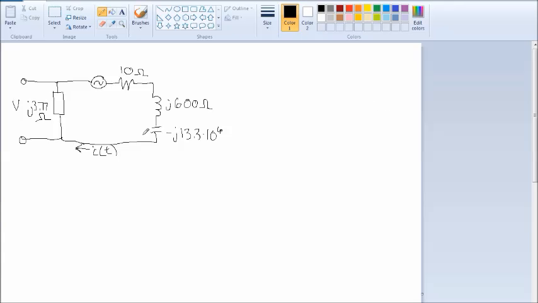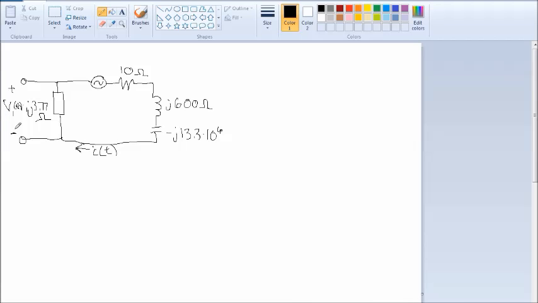V1 of t. So right now we're doing the A part of the problem. So V1 of t. It's starting to look a little messy. Let me clean that up a little bit. V1 of t, calling that positive and that negative.